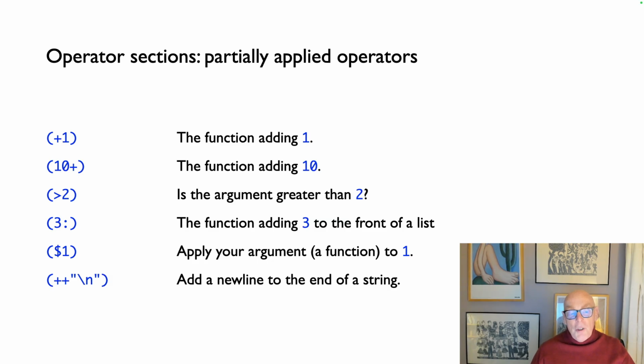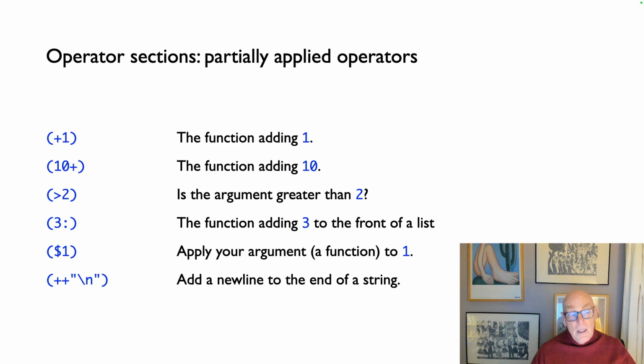The operator section (3:) is the function that puts the number 3 on the front of a list. The operator section ($1) is the function that applies a function to the value 1. And (++ "\n"), a string with a new line in it, adds a new line character to the end of a string.